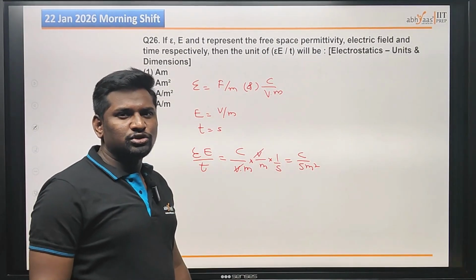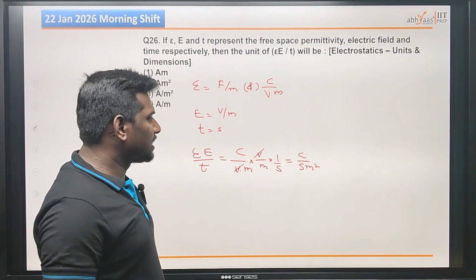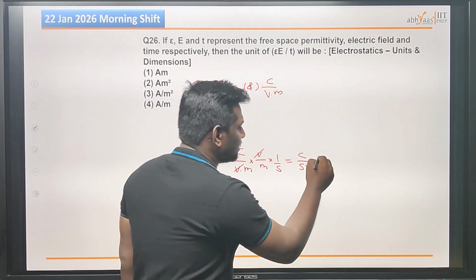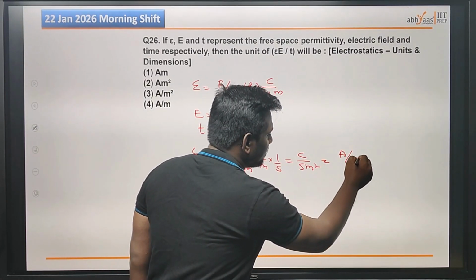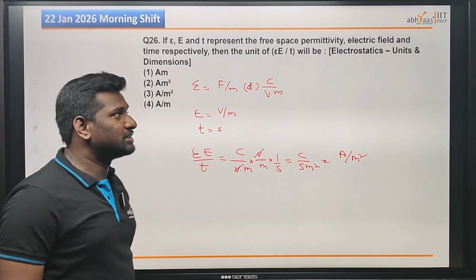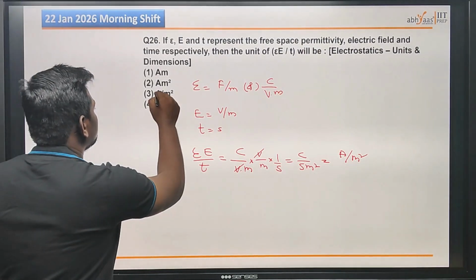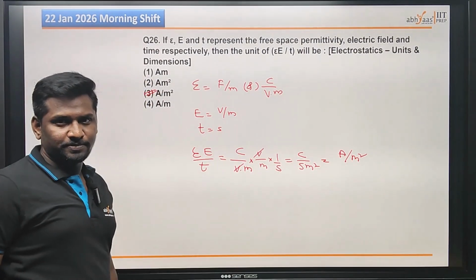C by S, coulomb per second, is nothing but current, that is ampere. So ampere per meter square. This is our answer. So option 3 is your answer.